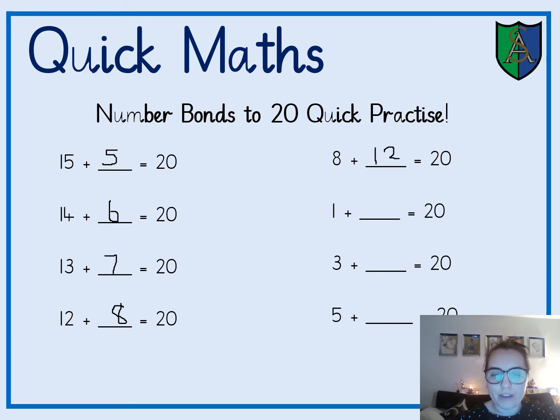And if we look over here, we know 12 plus 8 is equal to 20. So we also know that 8 plus 12 is equal to 20. 1 and 19, 3 and 17, and 5 and 15. So if you managed to get all of those correct, well done to you.